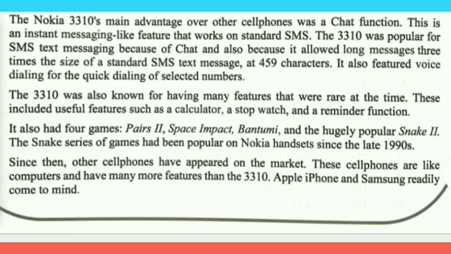The Snake series of games had been popular on Nokia handsets since the late 1990s. Since then, Other cell phones have appeared on the market. These cell phones are like computers and have many more features than the 3310. Apple iPhone and Samsung readily come to mind.